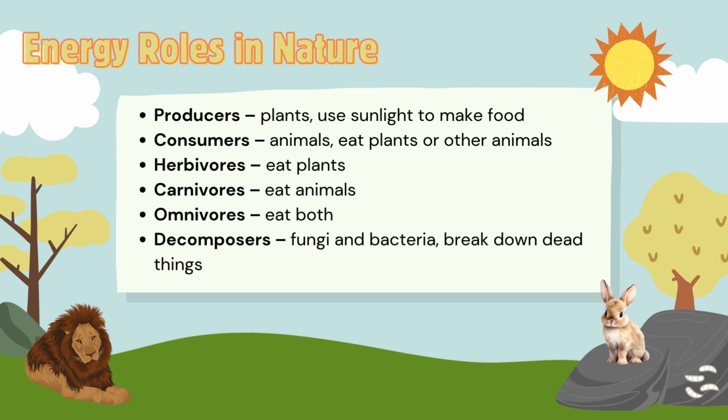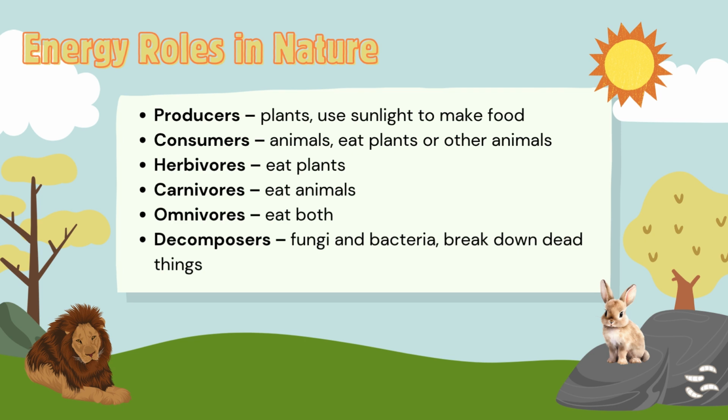Now, these are food webs and food chains. Producers are the first thing in a food chain or a food web. It is always a plant. You must always remember a producer can never be something other than a plant. Consumers are anything but a plant, anything that eats plants.